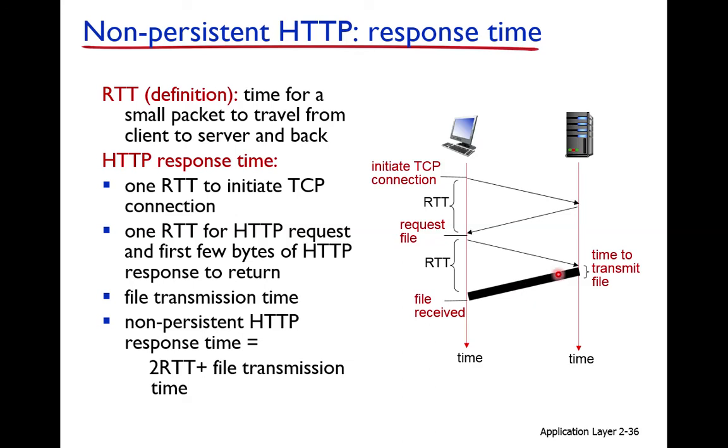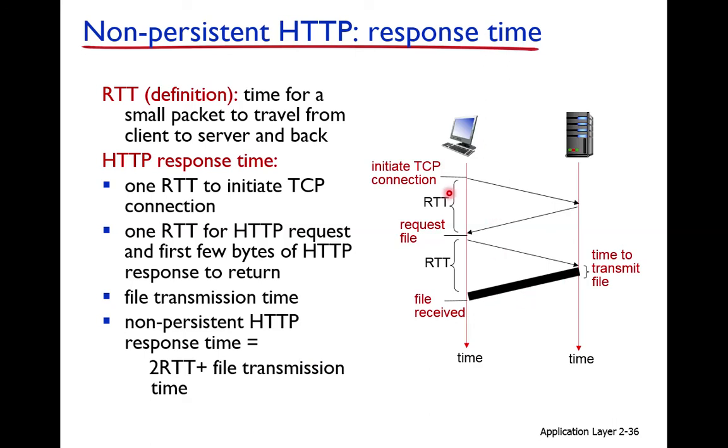The object cannot be transmitted in one packet. If the file is, for example, 10 MB, it depends on the file size and the bandwidth, so it will take some transmission time.